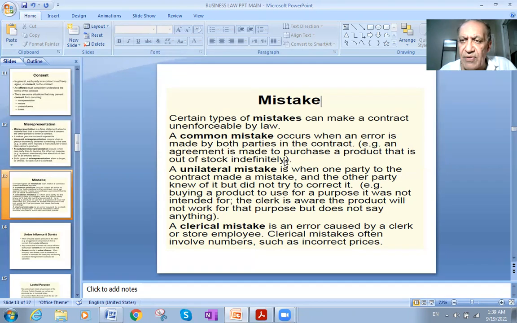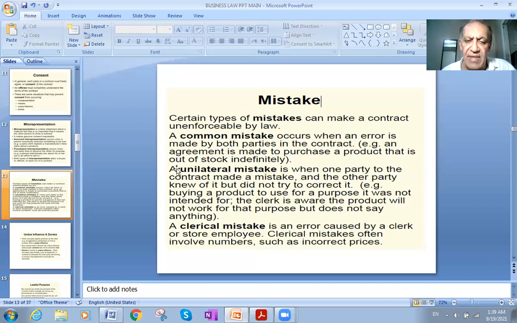So both of us know that it is not there. In that case, the contract will be void. This is the first kind, a common mistake. It occurs when an error is made by both parties. They did this error together, both of them.